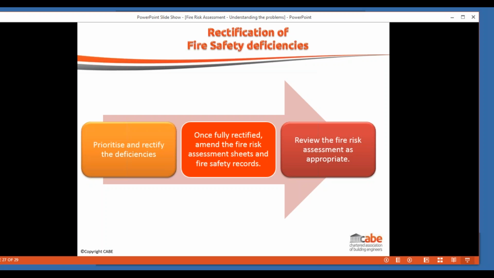So it is about prioritizing and rectifying any of those deficiencies. And again, within that, what has to be done is to look at that matrix of likelihood and severity. And if something is highly likely and highly severe in its consequences, it needs to be a very urgent priority in terms of rectifying the deficiencies and getting the situation back to something that's safe.